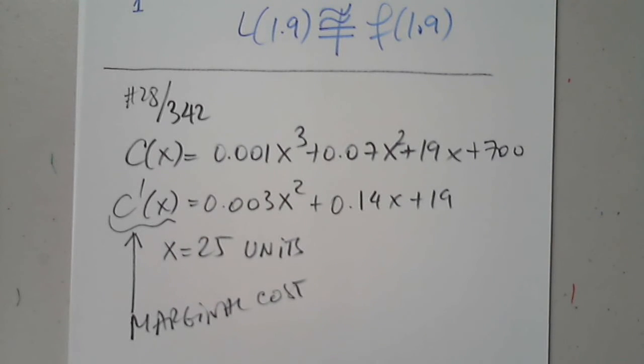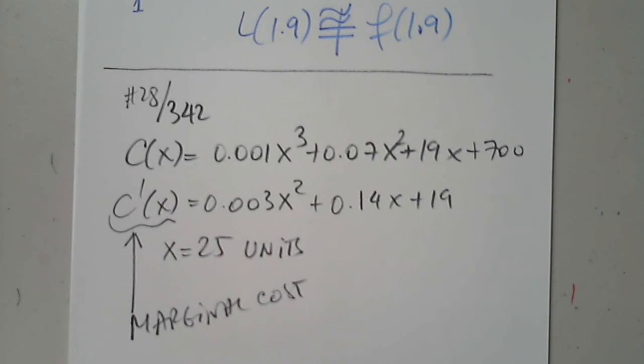Of course, I'm going to punch in the derivative right away because I need the same value. Okay, 0.003 x squared plus 0.14x plus 19. Okay, so second in table, all I want is 25.